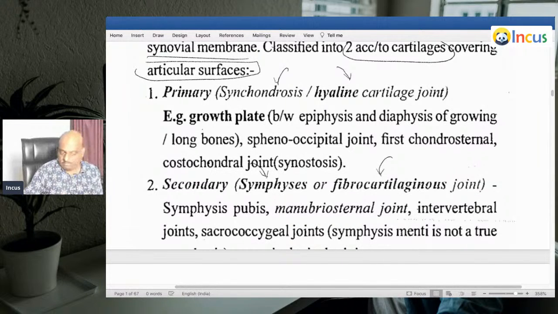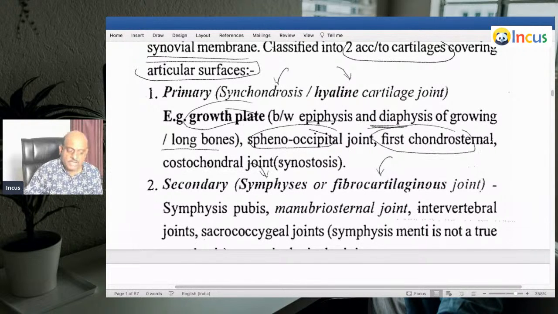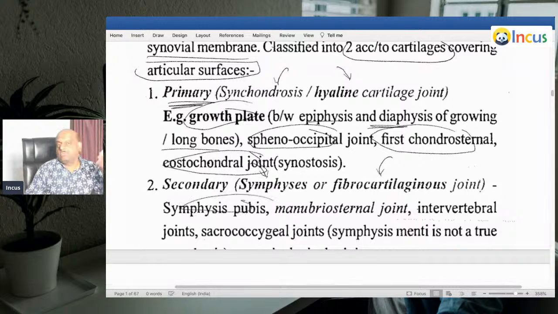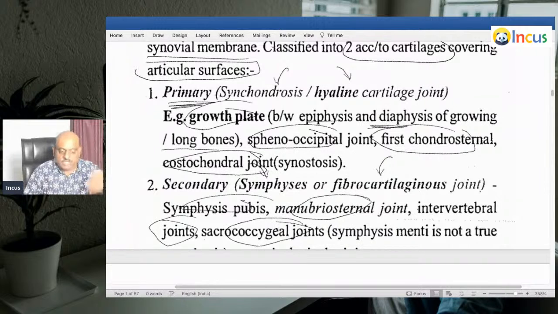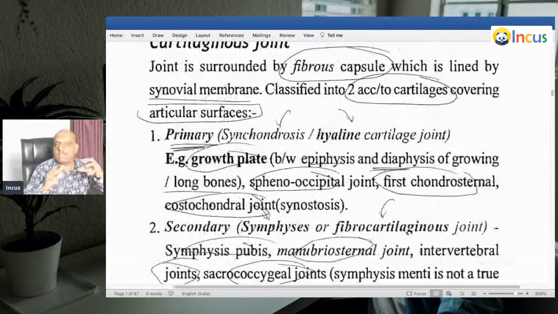Any growth plate between epiphysis and diaphysis, diaphysis meaning shaft and epiphysis the growing end, of the long bones, the spheno-occipital joint, first chondrosternal, costochondral joint, they're all primary joints. Then symphysis pubis, manubriosternal joint, intervertebral joint, sacrococcygeal joint, they're all examples of secondary cartilaginous joints is what I want to underscore to all of you.